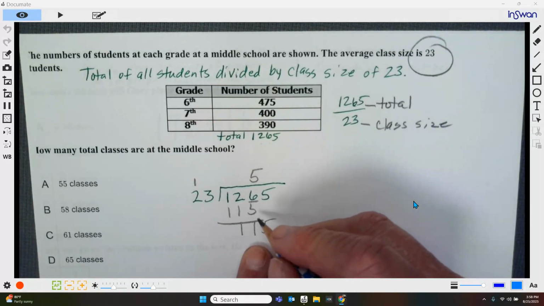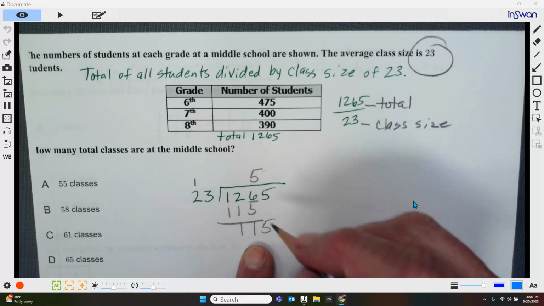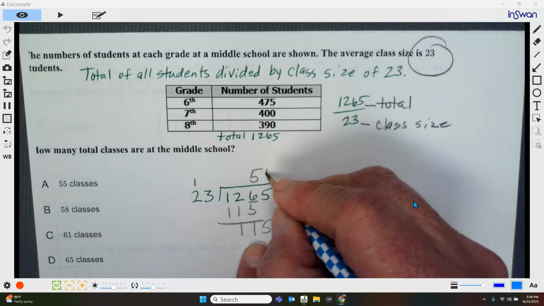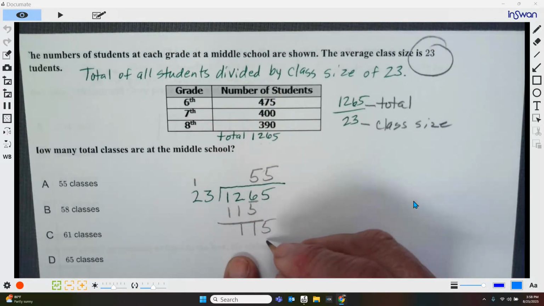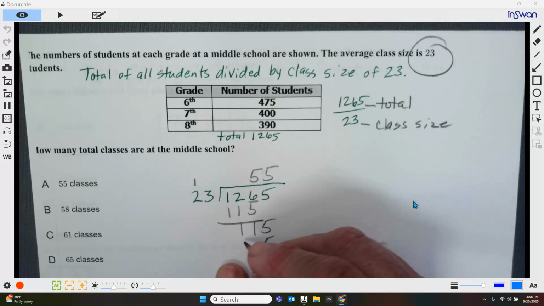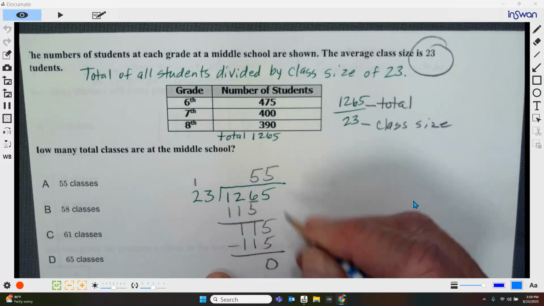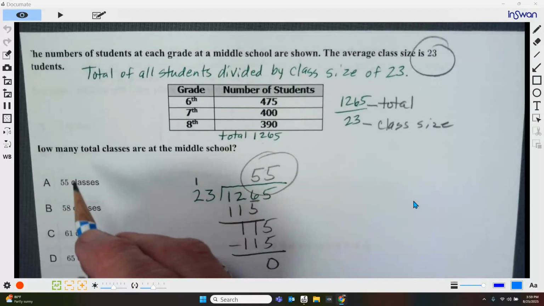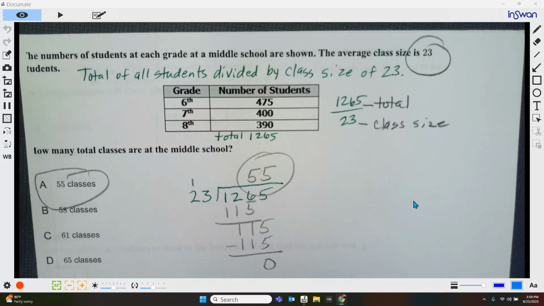This number is exactly the same as what I got when I multiplied 5 times 23. So I know that 23 will go into 115 5 times. 5 times 3 is 15, carry the 1. 5 times 2 is 10, plus 1 is 11. And then we are going to subtract, and that is equal 55 classes of 23 students.